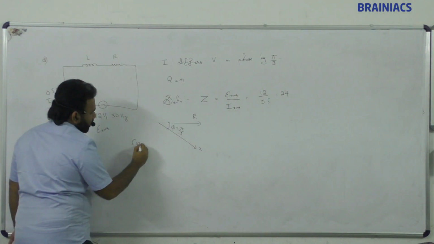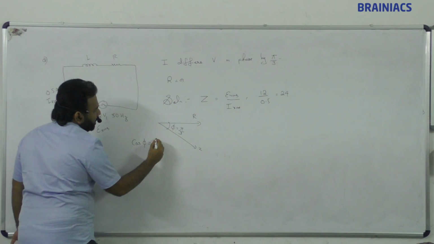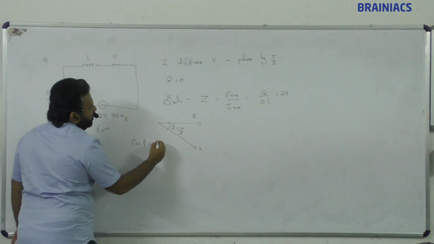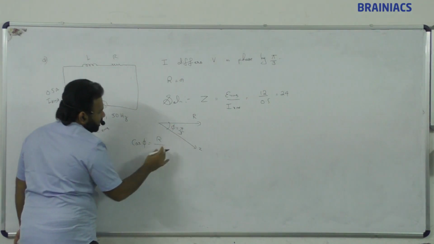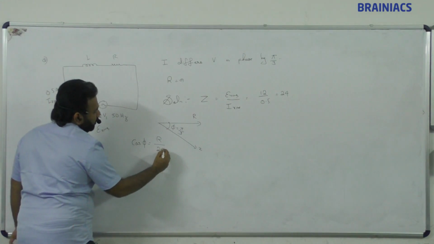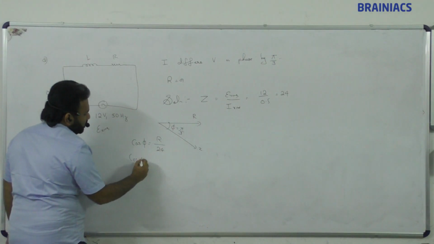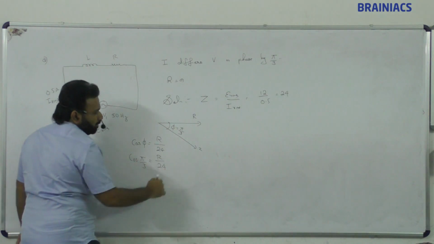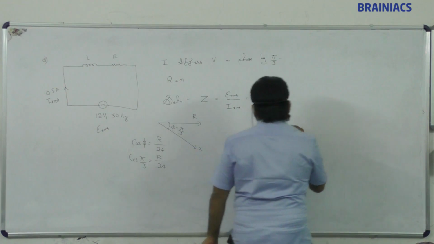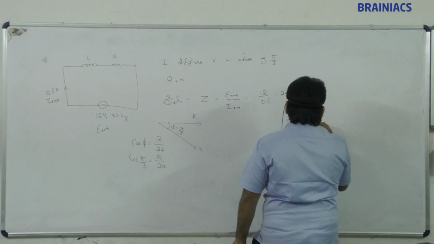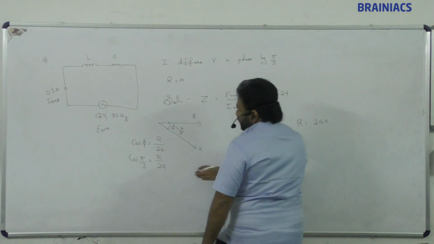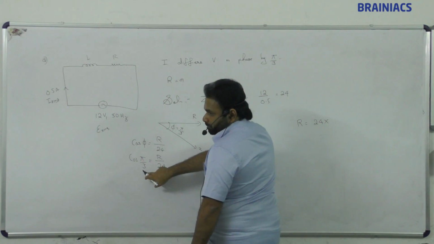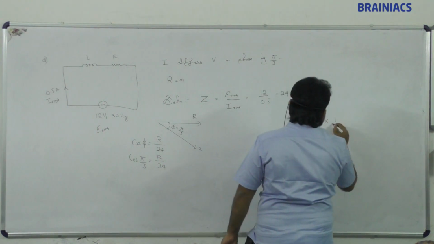So cos phi is equal to R divided by Z, and Z is 24. So cos pi by 3 is R by 24. From this we can find it out. R is cos 60, and cos 60 means 1 by 2.